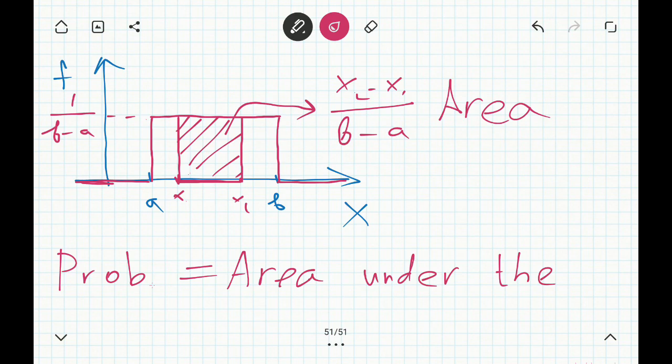So area under the density curve, and that always works. So that's the rule, that's the law. No matter what kind of density you have, area under your density curve will always give you probability.